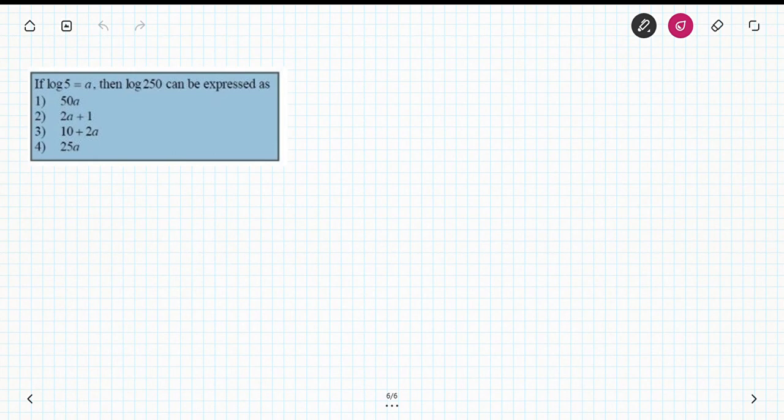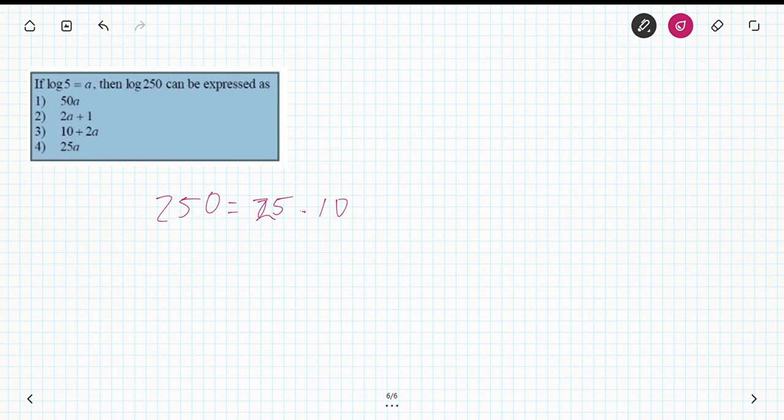Okay, so here we have the log of 5 equals a. How can we express the log of 250 in terms of a? Alright, so one thing we can do is say that 250 is the same thing as 25 times 10.